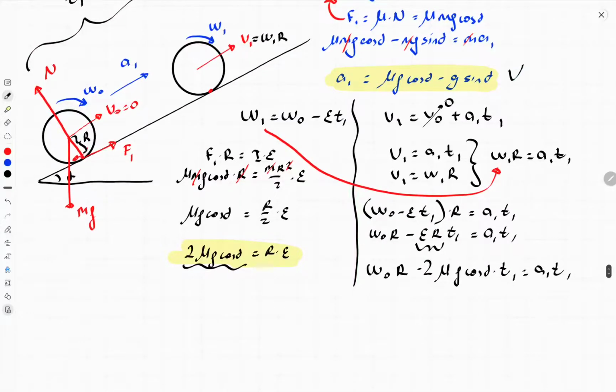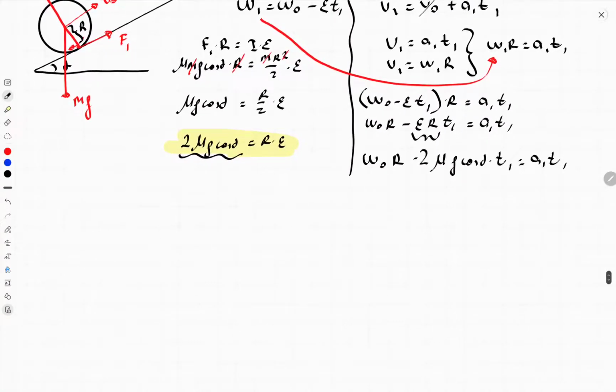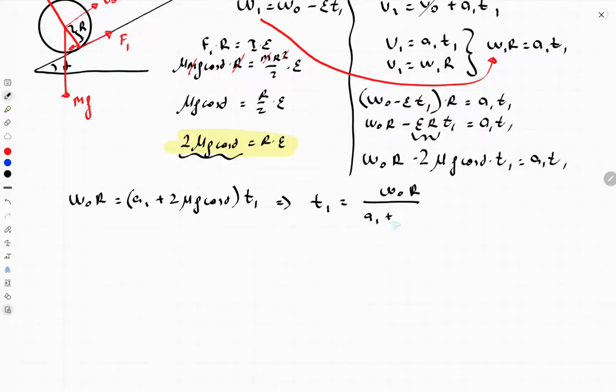A1 is here, so we can find the time when the slipping, sliding process ends. So let's continue. Omega 0 r equal to a1 plus 2 mu g cosine alpha times t1. From here, t1 equal to omega 0 r over a1 plus 2 mu g cosine alpha.